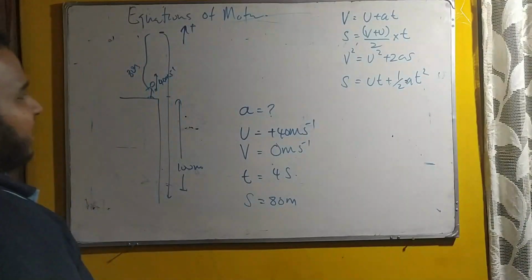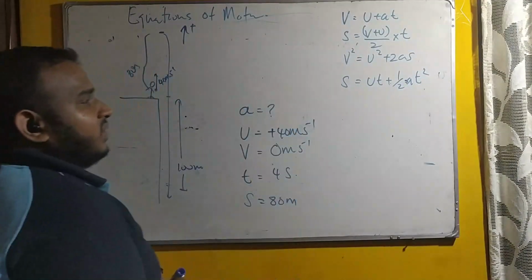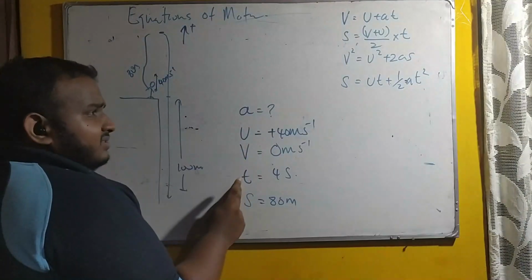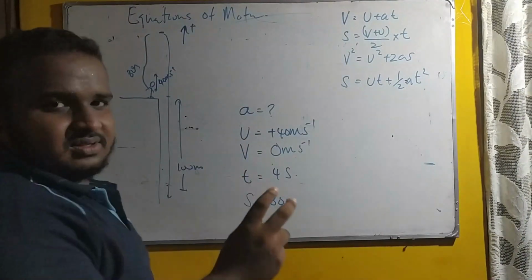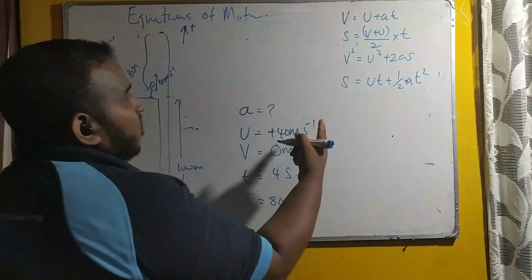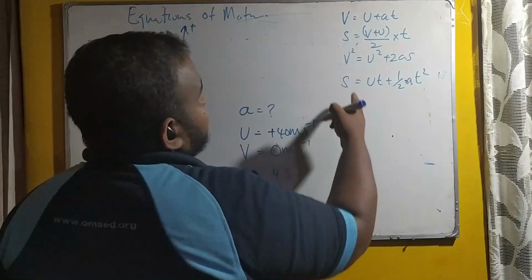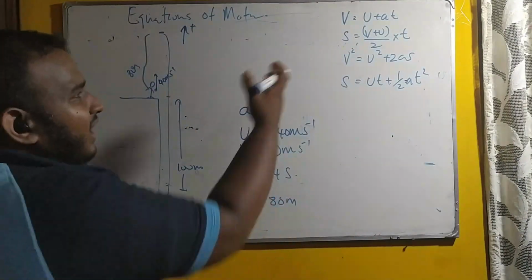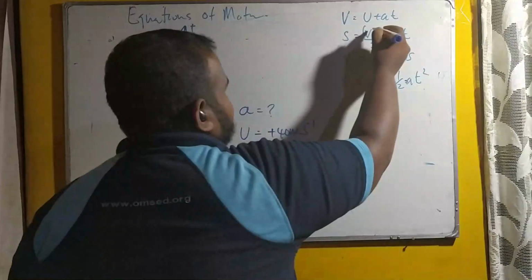So here, that specific equation should consider a, u, v, t, because we need to find a. If you consider the second equation, there is no acceleration, so no use of using this equation.